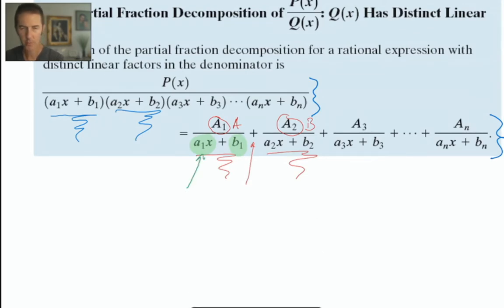So this term, the a sub 1 times x, is considered a first degree term. That term is degree 1 because the x variable is being raised to the first power. This term over here is degree 0 because it does not have an x variable associated with it at all. It's the constant term. So again, degree 1 and degree 0.